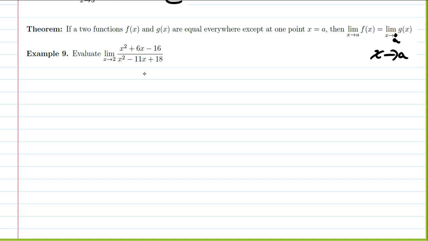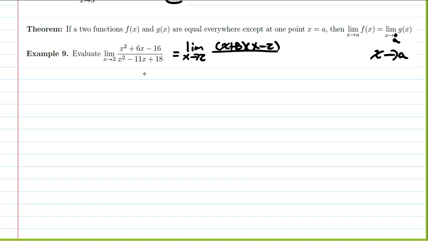So if we have two functions that are equal everywhere except at one point, their limits have to be equal at that point. So if we take a look at this rational function, we want to calculate its limit as x goes to 2. So we factor. Our factors of negative 16 that are going to give us positive 6 are positive 8 and negative 2.